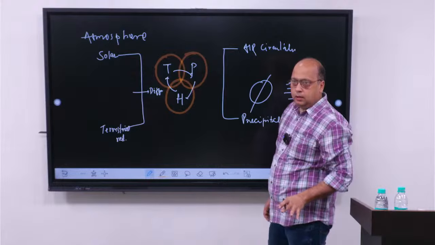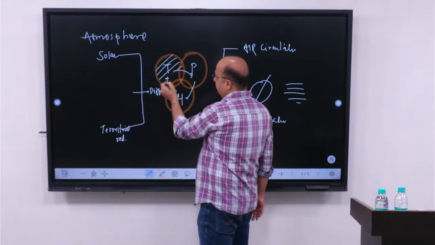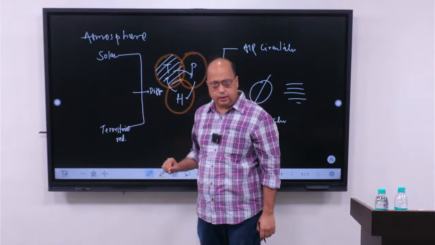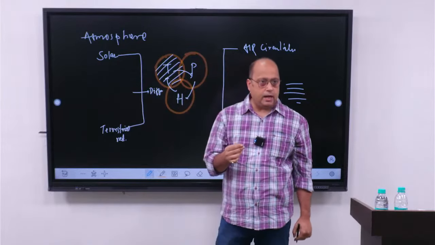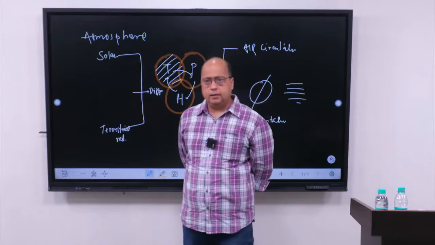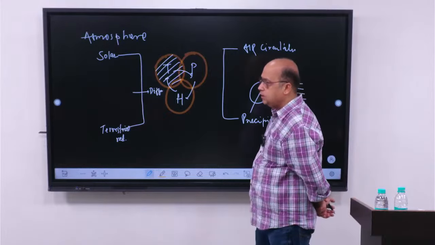So we have dealt with the temperature aspects. Now two important components are left in temperature: heat budget and temperature inversion. But before that, we'll see what isotherms are.